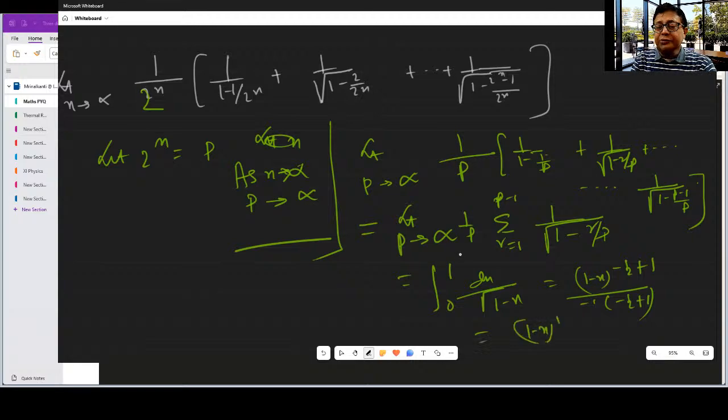So 1 minus x to the power half by minus half, which comes to be minus 2 into 1 minus x to the power half.